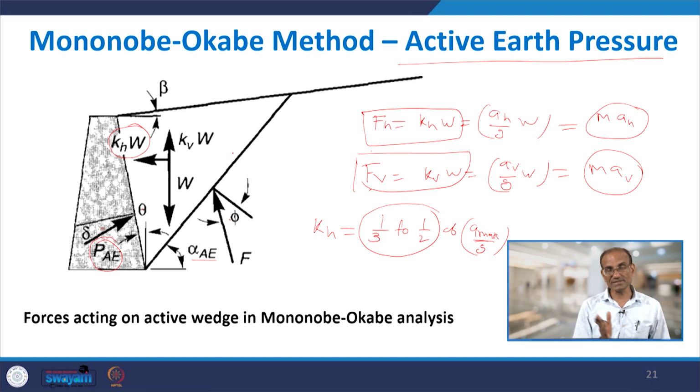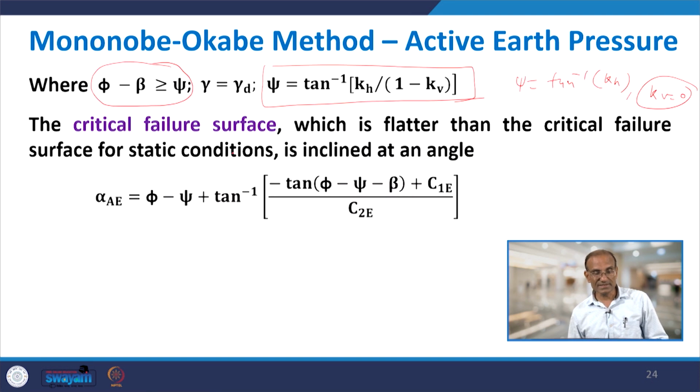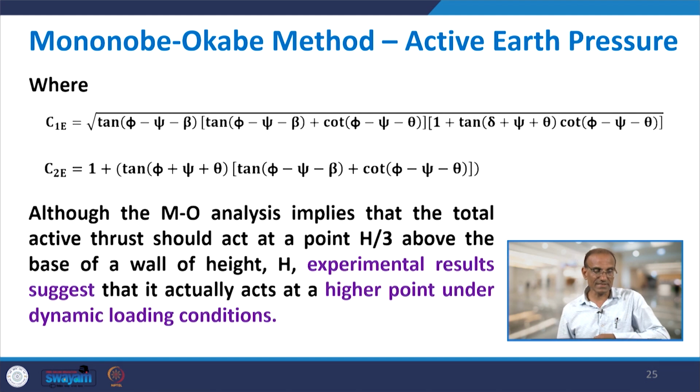at which this acts, the failure surface. So, alpha AE is given from this relation: phi minus psi plus tan inverse of an expression involving C1e and C2e. What are C1e and C2e? C1e and C2e are given from these relations, where you have 5 angles now instead of 4: phi, psi, beta, then you have theta, and then you have delta also.